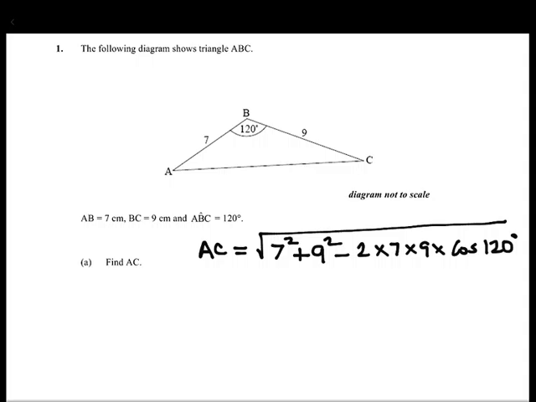So the answer will be, let us find out, 13.89, so approximately 13.9 centimeter. Okay, so I hope you understood this problem. Let us look at another problem.